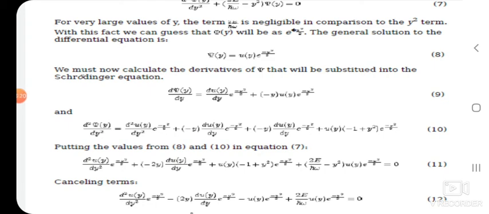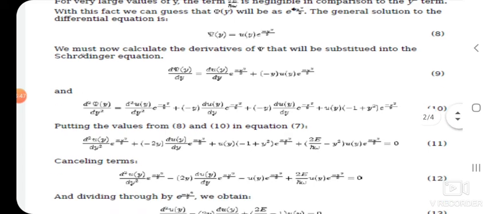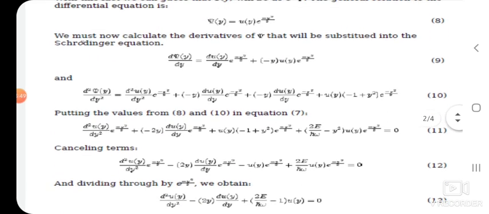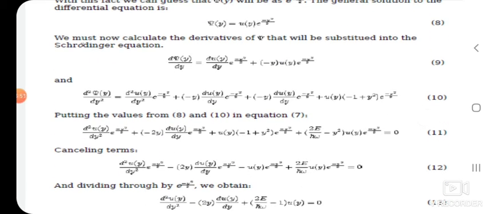Now cancelling the terms, finally we get d square u of y by dou y square e to the power of minus y square by 2, minus 2y dou u by dou y e to the power of minus y square by 2, minus u of y e to the power of minus y square by 2, plus 2E by h cross omega u of y e to the power of minus y square by 2 is equal to 0.